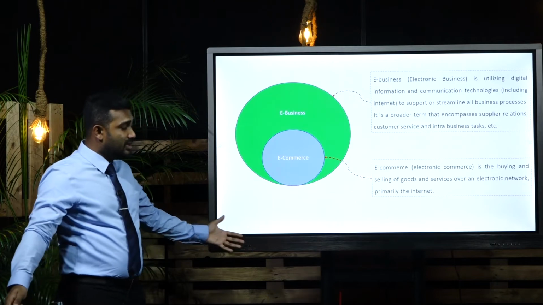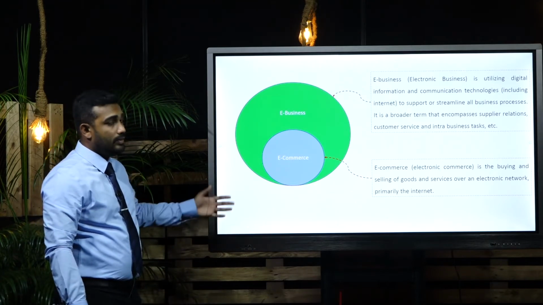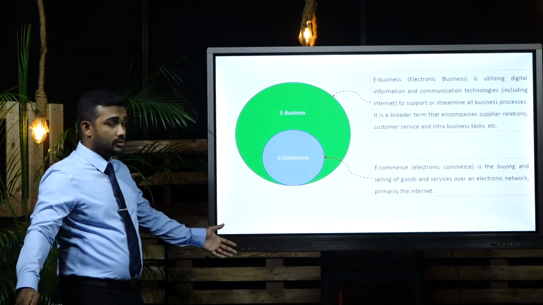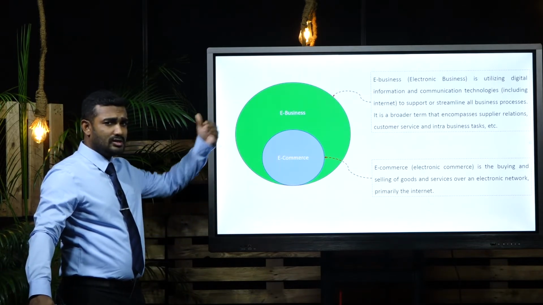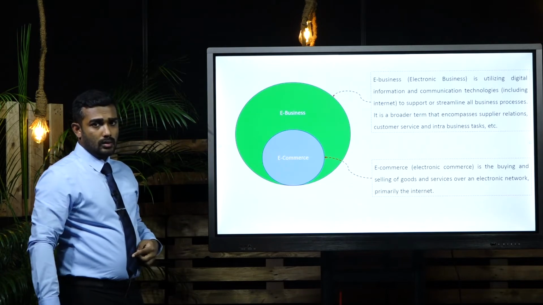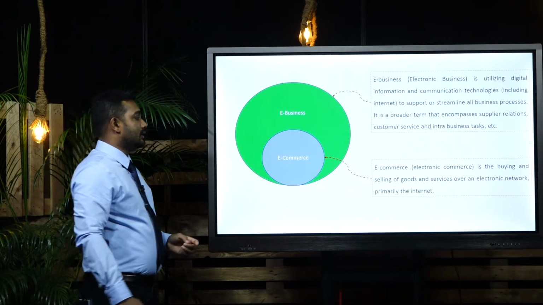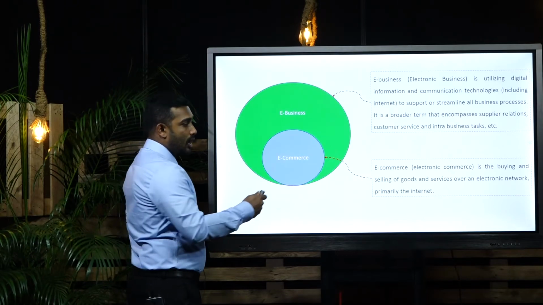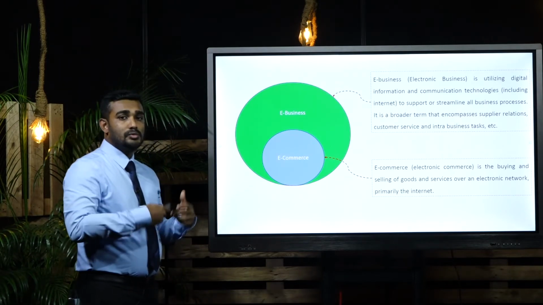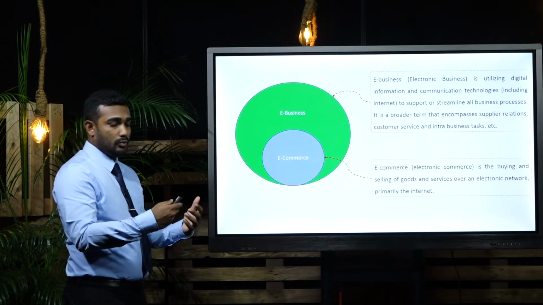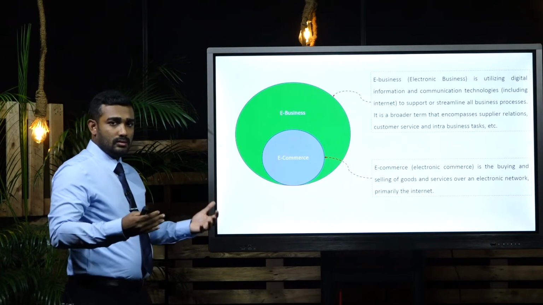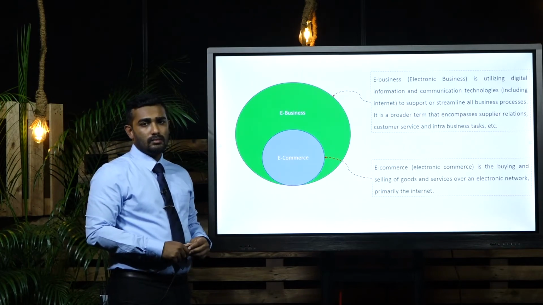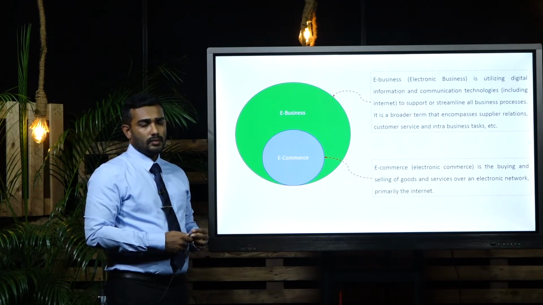Now this is the biggest trend happening right now in trade, e-commerce, because now people are very much interested in buying products and services via websites. Now websites are facilitated with the internet.